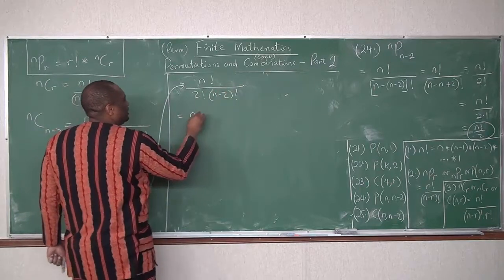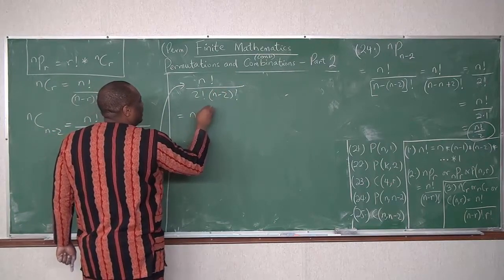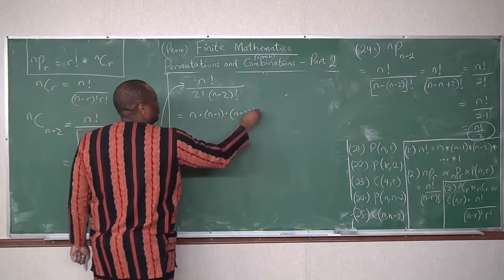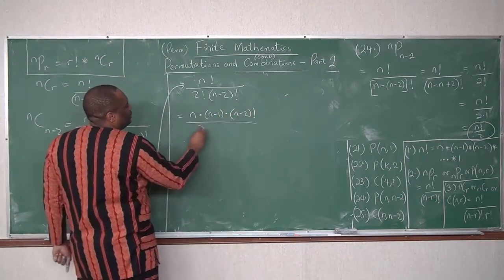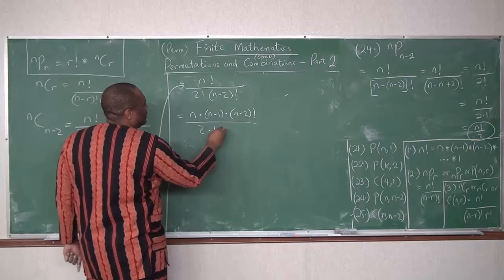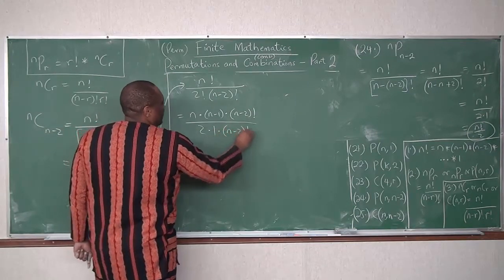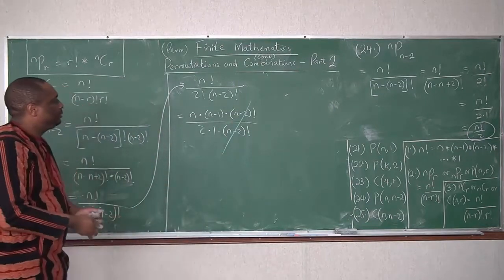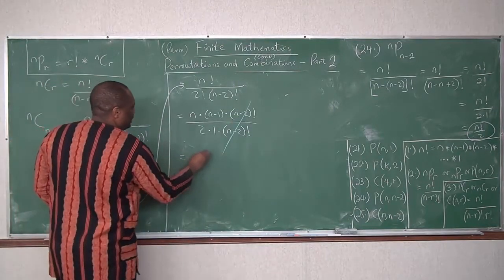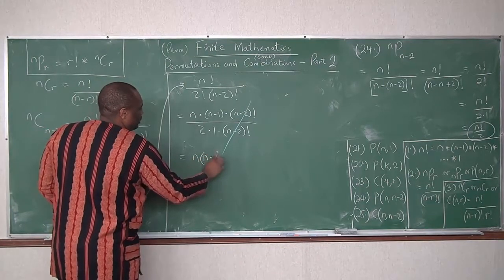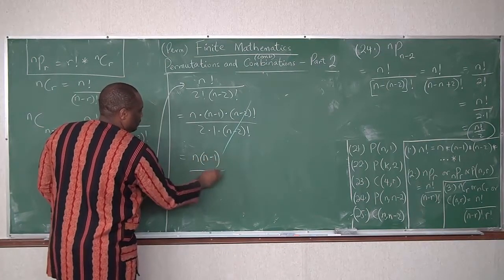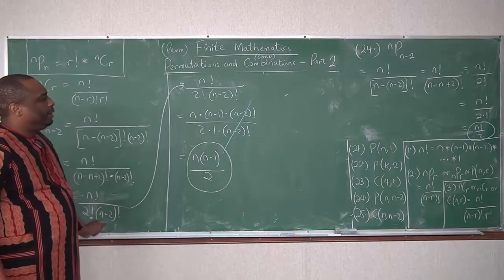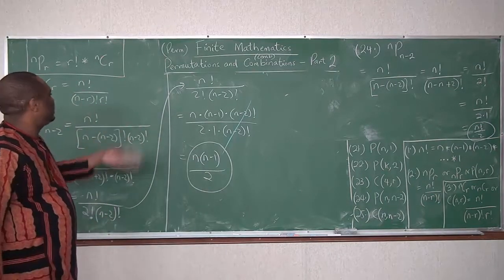So this will be n times (n minus 1) times (n minus 2) factorial over 2 times 1 times (n minus 2) factorial. And that's gone. So this will be n times (n minus 1) over 2. That's the answer. This is the first method.